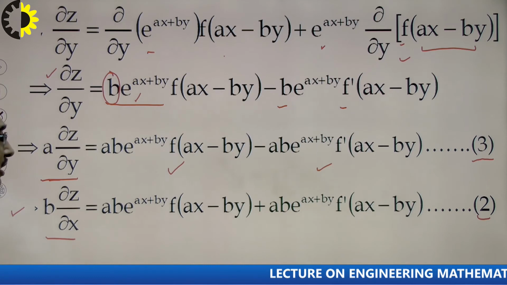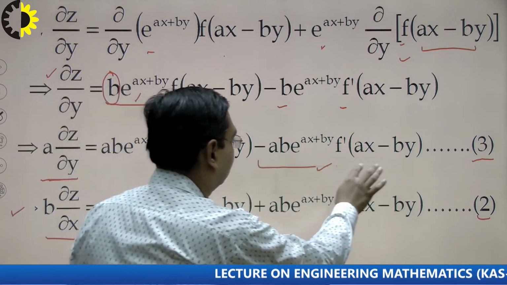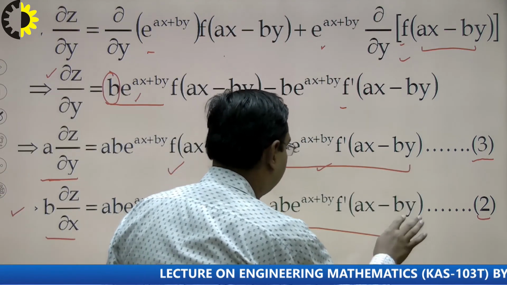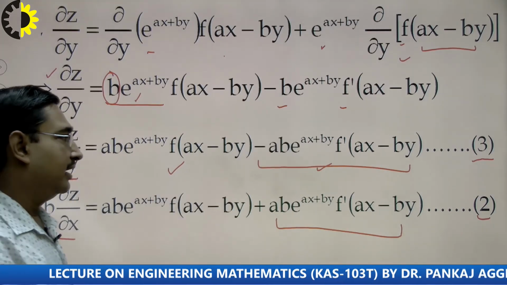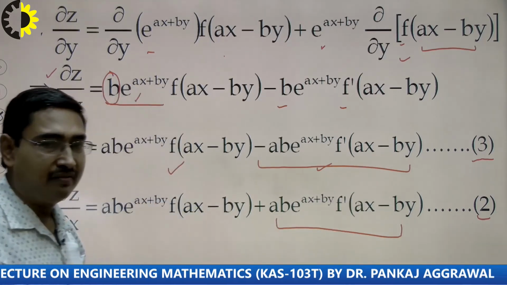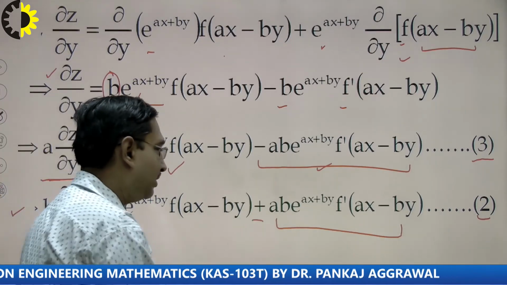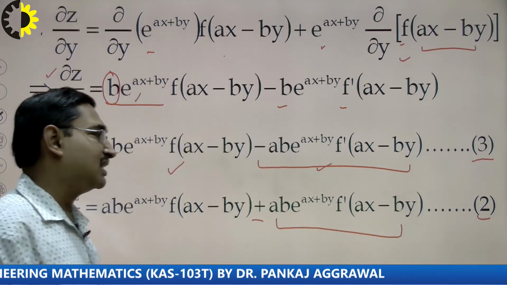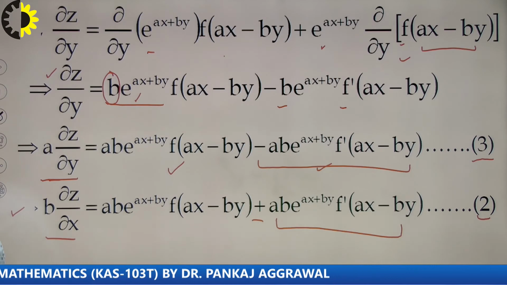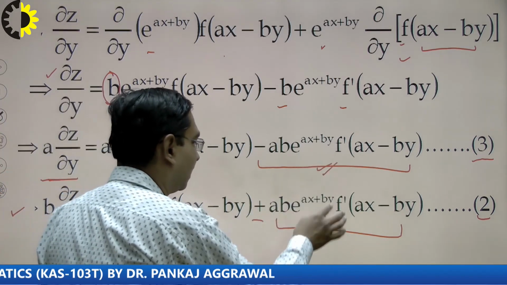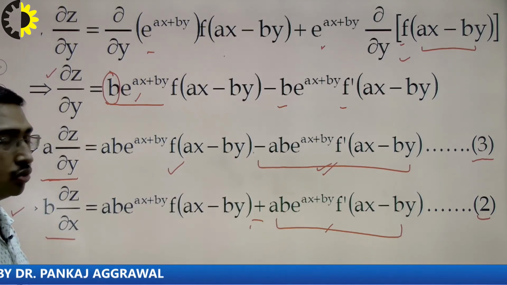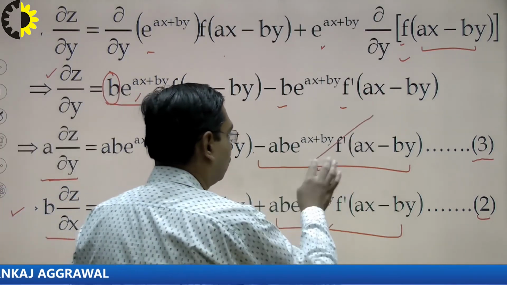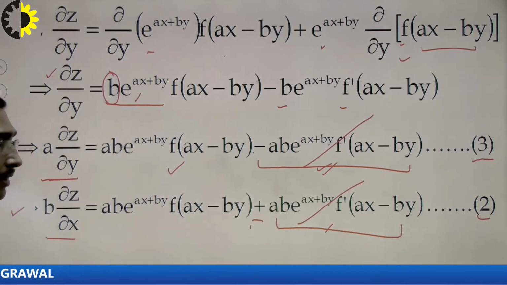We observe that this term and this term, minus ab e raised to the power ax plus by f dash ax minus by, here plus ab e raised to the power ax plus by f dash ax minus by. These two terms are exactly the same, but signs are opposite. So on addition, these two terms will cancel out.